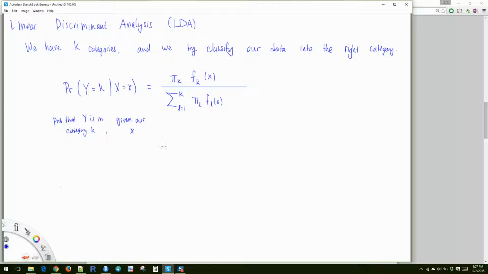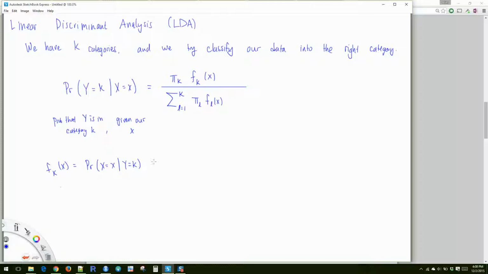Okay, and so f sub k of x is equal to the probability of x given y is equal to k.